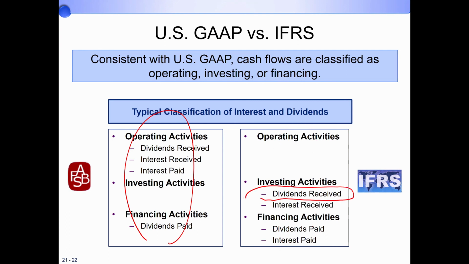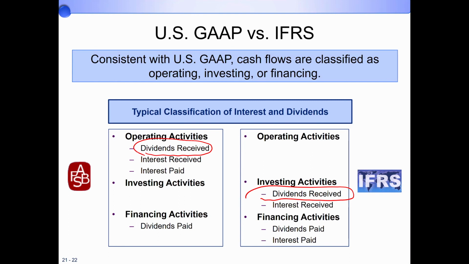When we receive dividends, in US GAAP, those cash inflows are related to dividend revenues.